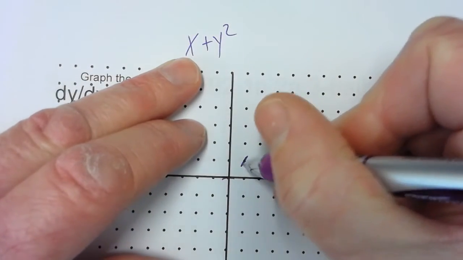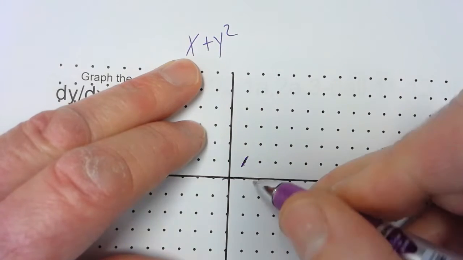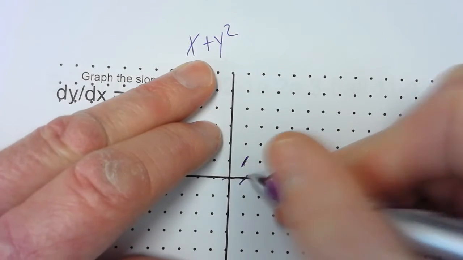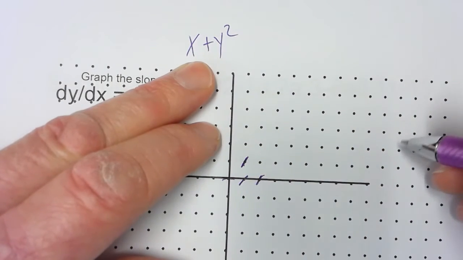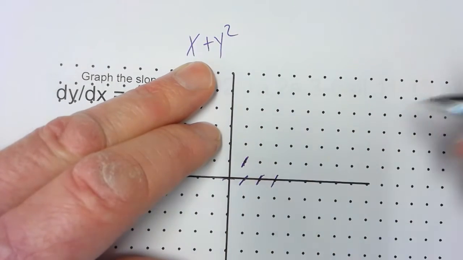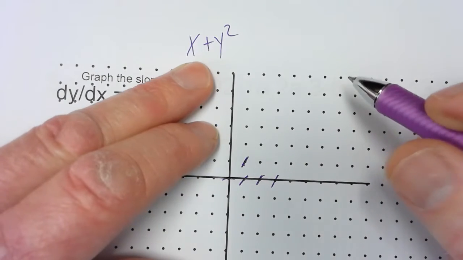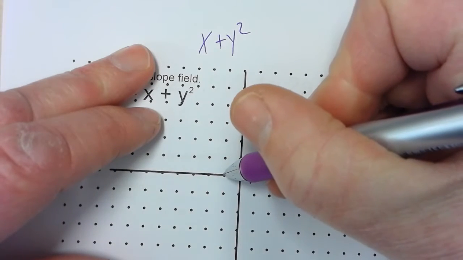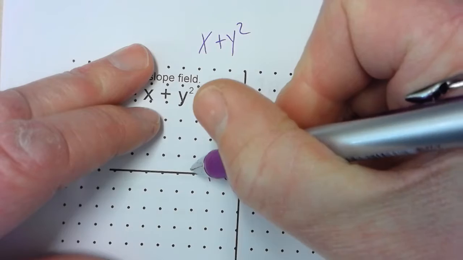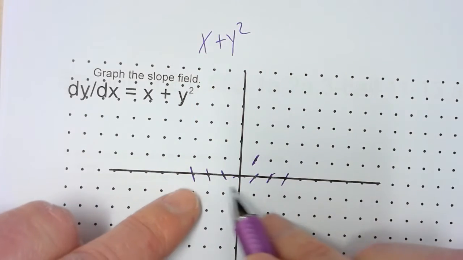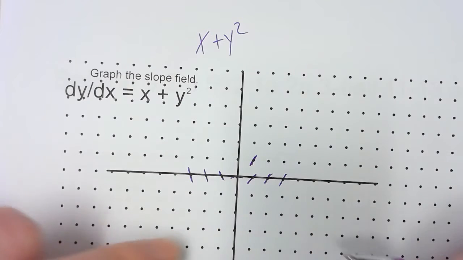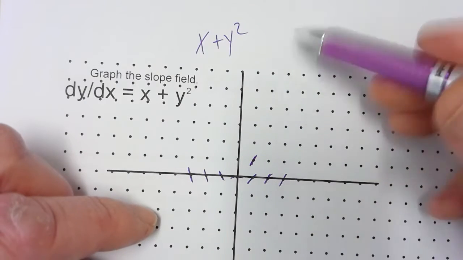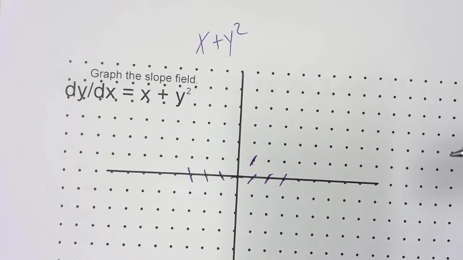Slope of 2. 1, 0 would be 1, right? 2, 0 would be 2. 3, 0 would be 3, right? It's getting steeper that way. Negative 1, 0 would be negative 1, negative 2, negative 3. So as you put in more and more numbers this way, right? But it's changing left and right, and it's going to change up and down because it's a y value too.